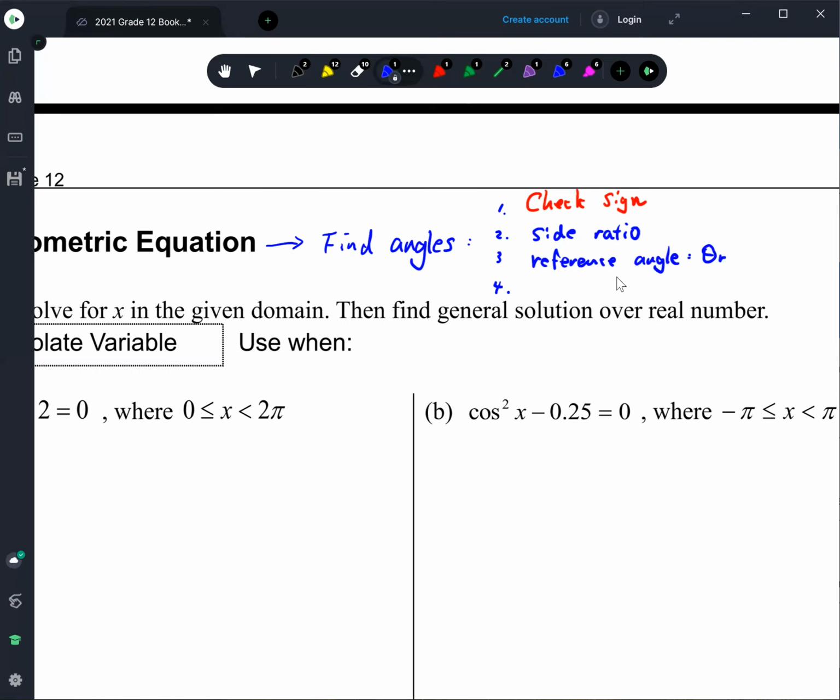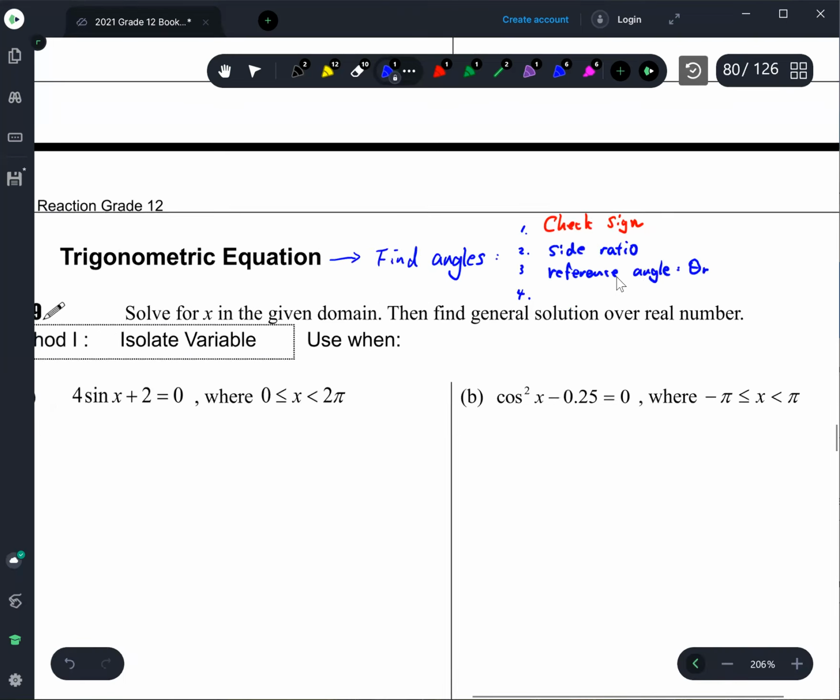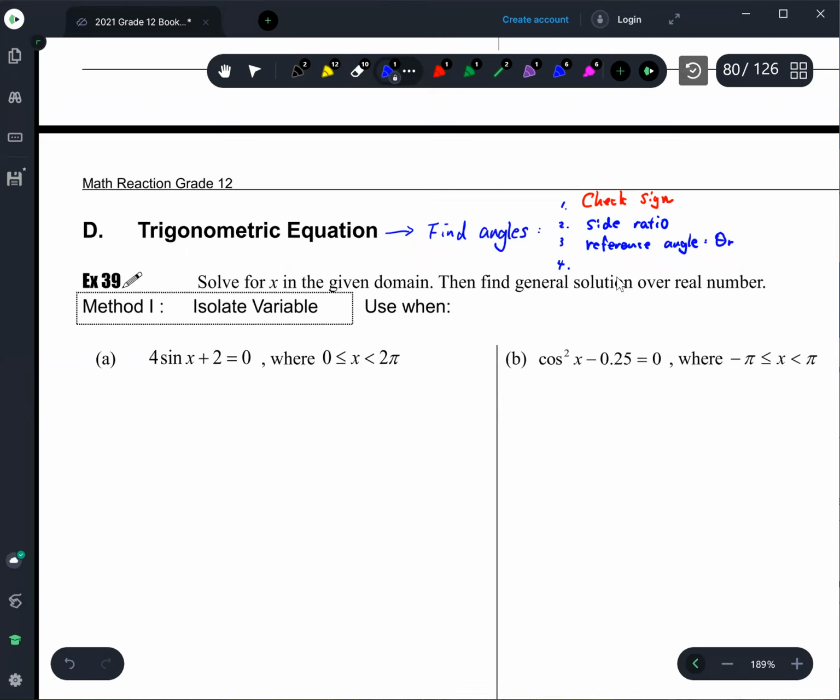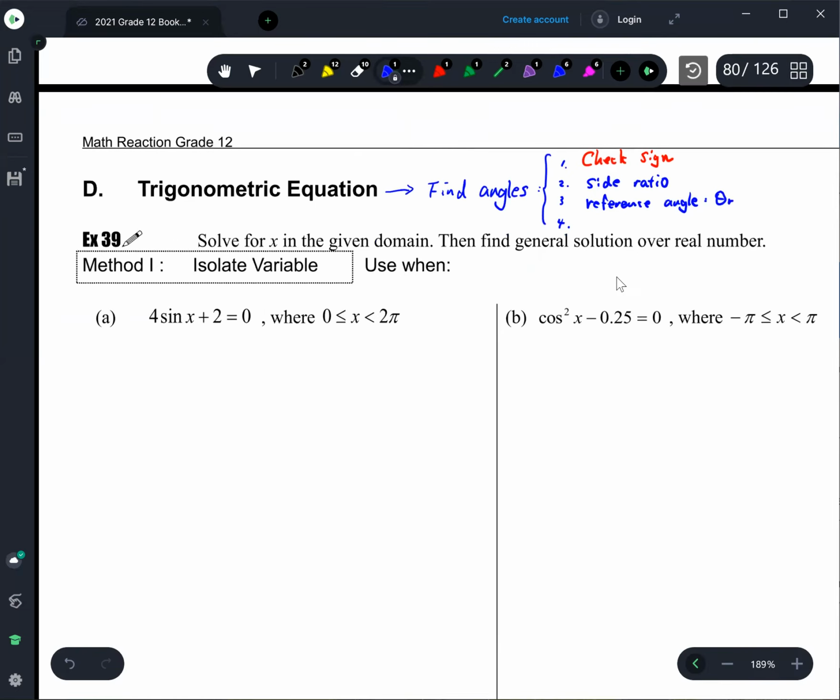Anyone else? Found the notes? It's a chance to review, get to know your old stuff. Anyone else? Only 3 people got it? We had find exact value, and then we have find angles.